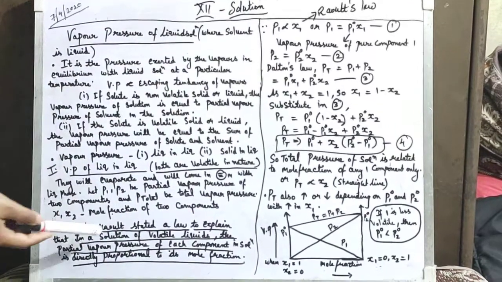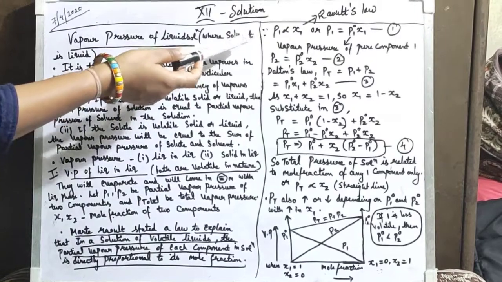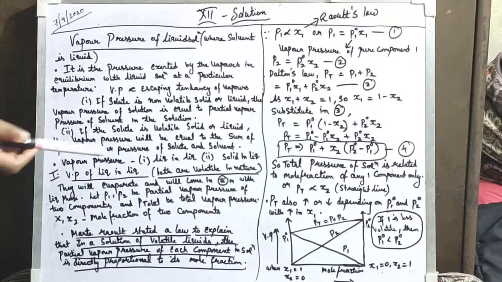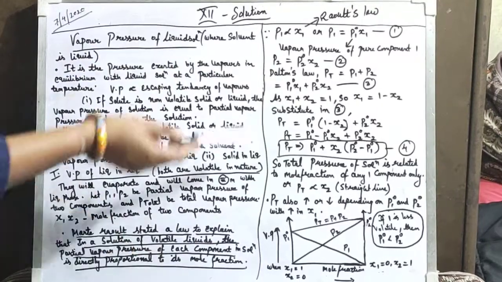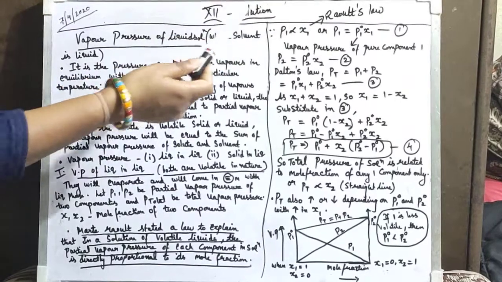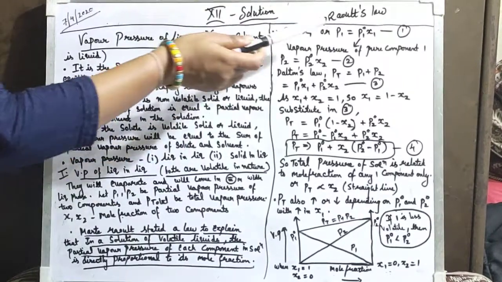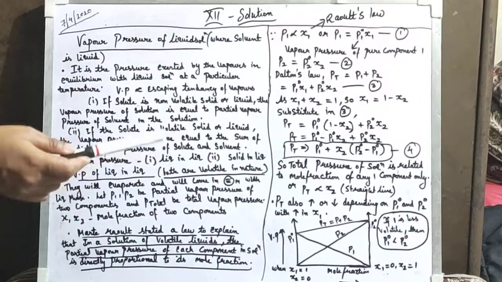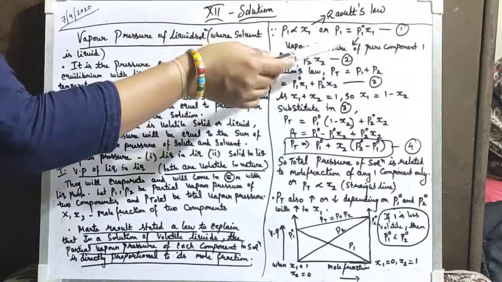So I can denote, for example, if I am talking about the first component, then it will be P1. P1 will be the partial vapor pressure of that first component, which is proportional to its mole fraction according to Ralph's law. If I remove that proportionality, then I am bringing a term P1 naught. Naught is telling you that I have taken the pure component.